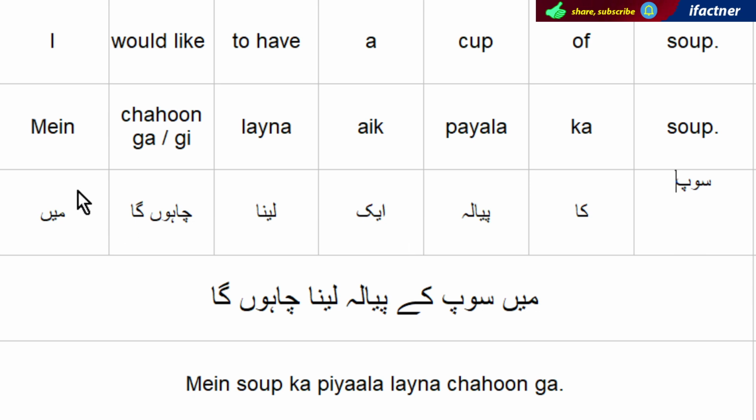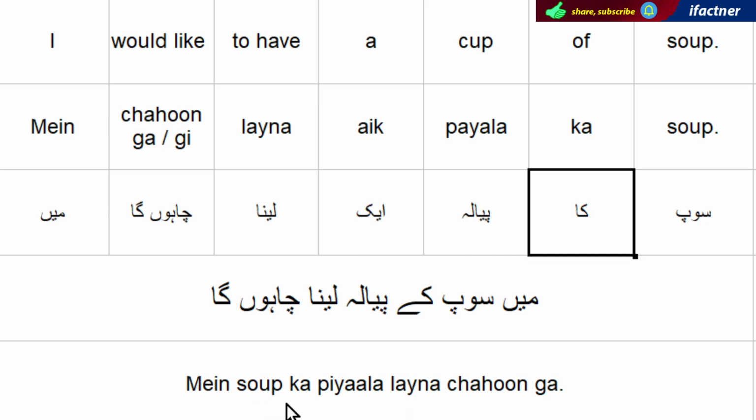So if we translate this English sentence literally, then it becomes मैं चाहूँगा लेना एक प्याला का soup. But in Urdu we start with the subject which is मैं, then comes the object soup का प्याला, and then the rest of the sentence with the verb लेना चाहूँगा. मैं सूप का प्याला लेना चाहूँगा.